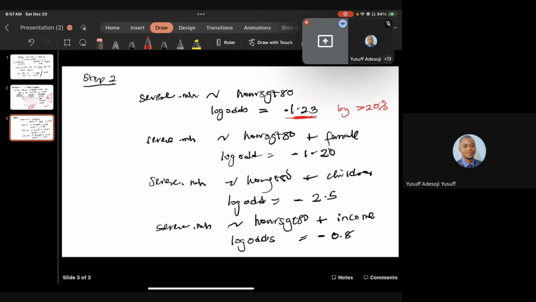And if any of these changes this by more than 20%, we would include it in the model. So this one we would include, this one we would include, but this we might not.